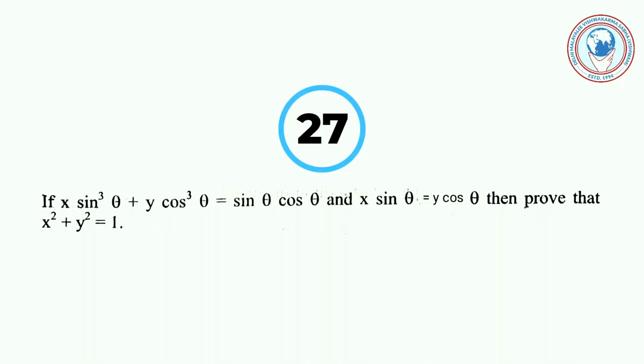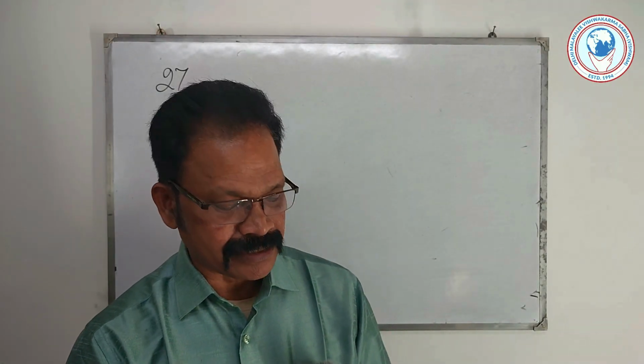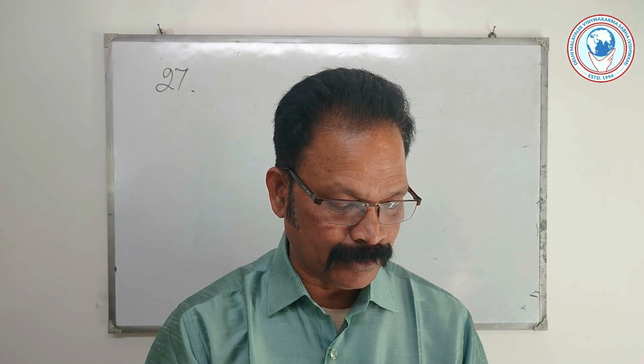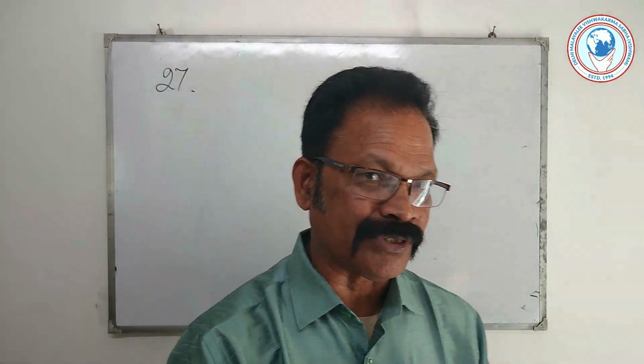Now question 27. If x sine cube theta plus y cos cube theta is equal to sine theta cos theta, and x sine theta equal to y cos theta, then prove that x square plus y square is equal to 1. So given that x sine cube theta plus y cos cube theta is equal to sine theta cos theta.